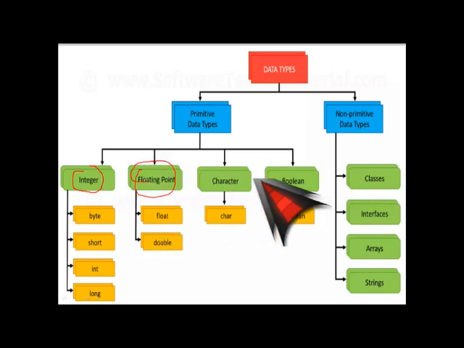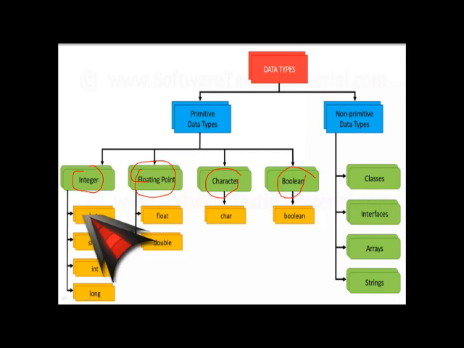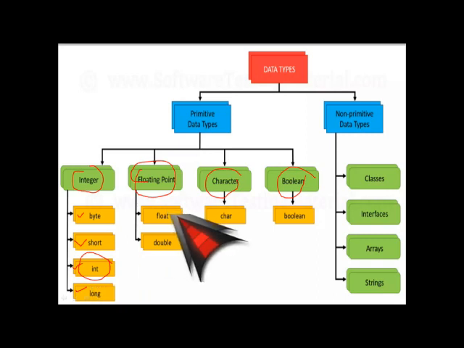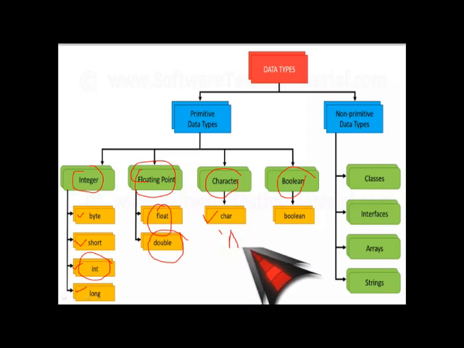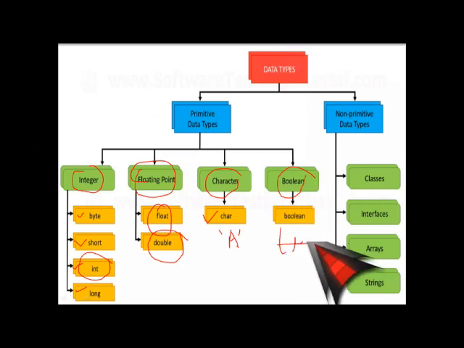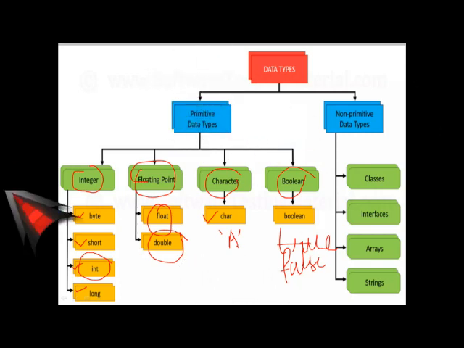But when we use them in the form of byte, short, int, which is the mostly used one, then long, float for precision based values, double for higher precision based values, char for anything related to a single character like A, and true and false, so either I am writing true or false for the boolean variables.